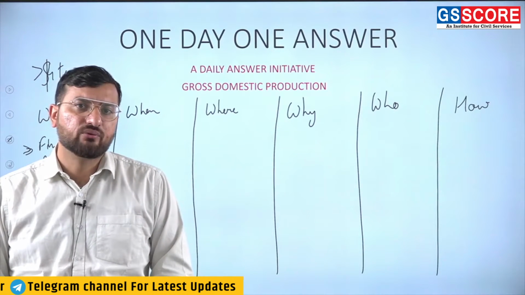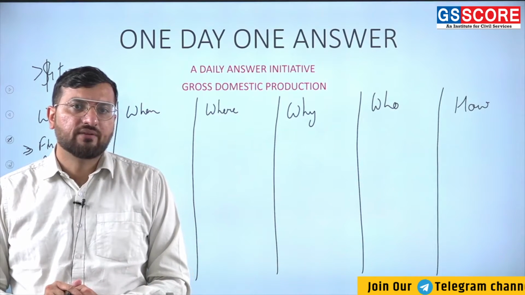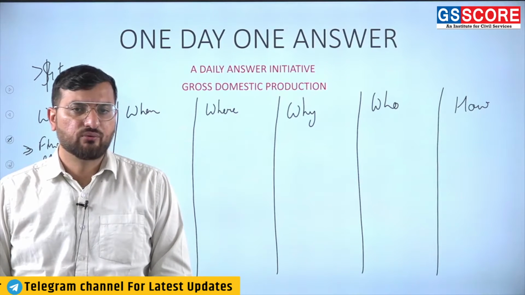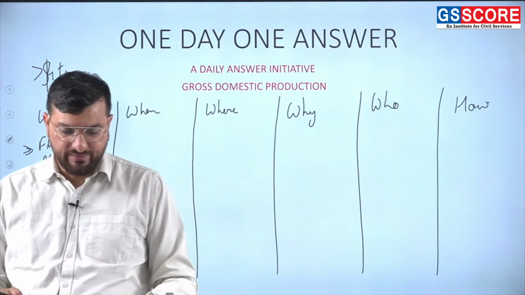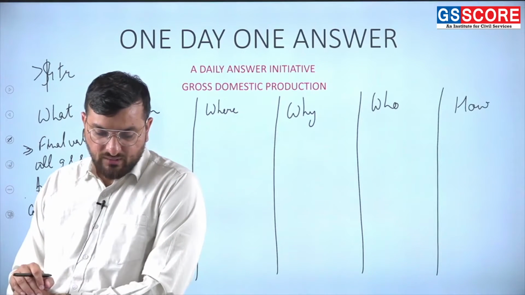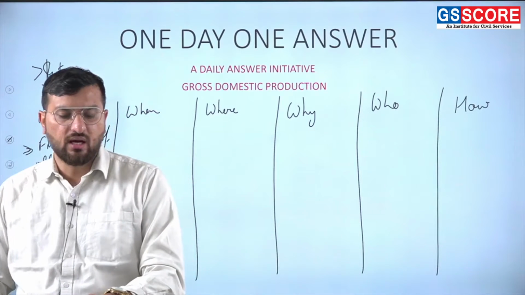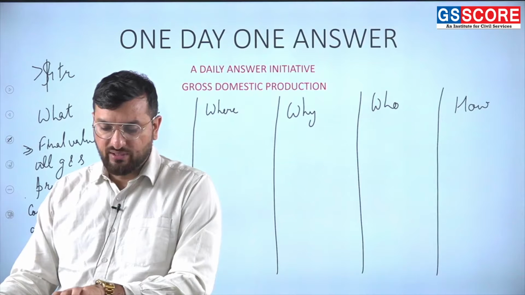Then it is China, $14 trillion. Then Japan, $5 trillion. Germany is there, 4.5. Then India is there, $4 trillion. And then Britain is there at 3.8 or $3.5 trillion.